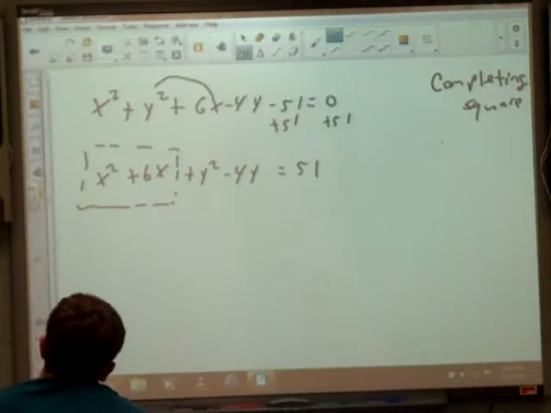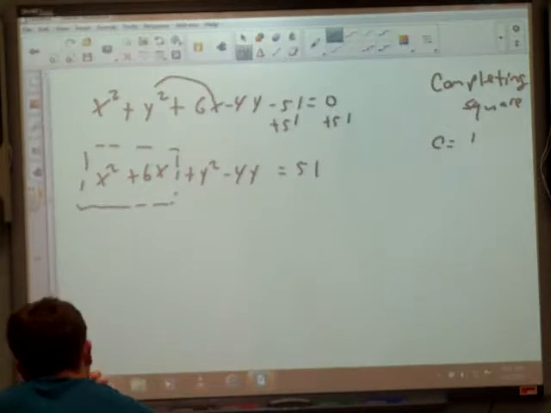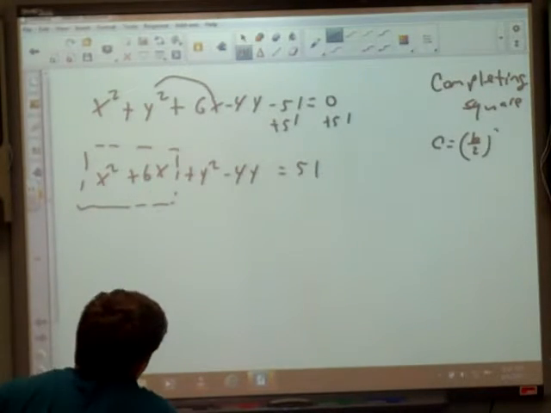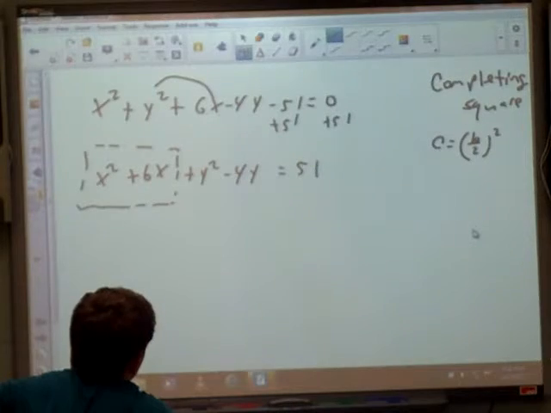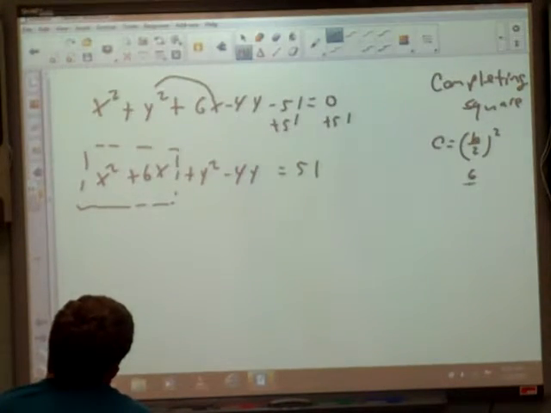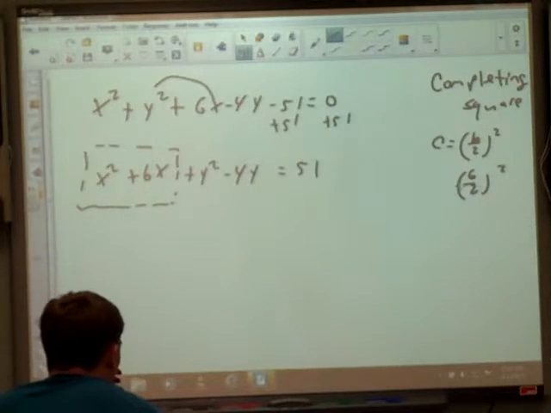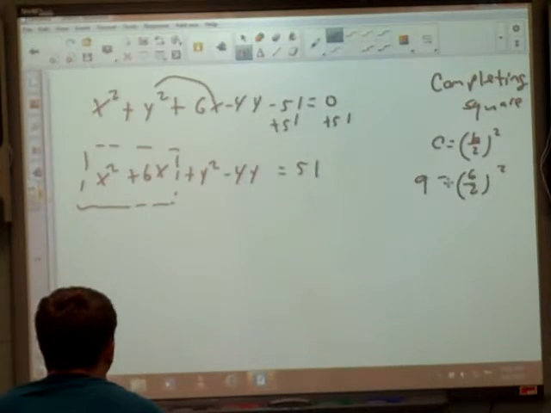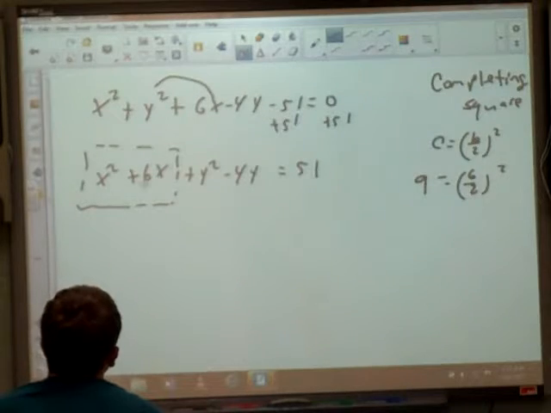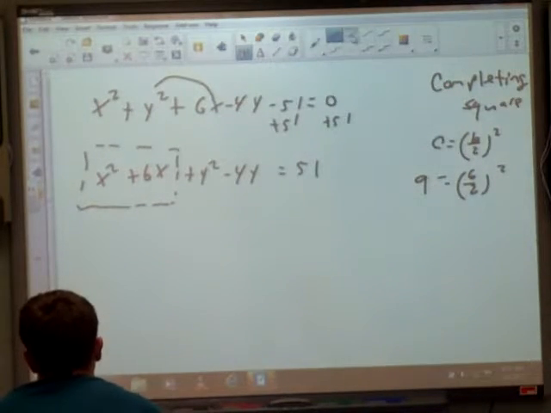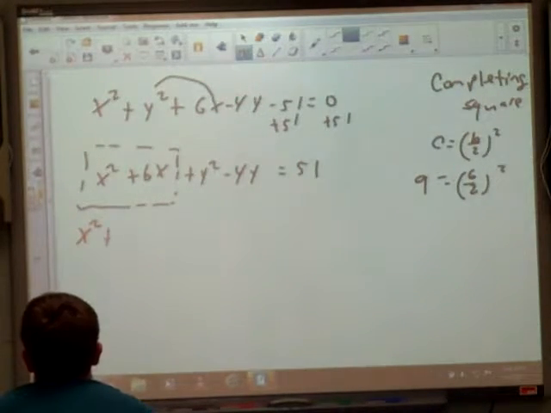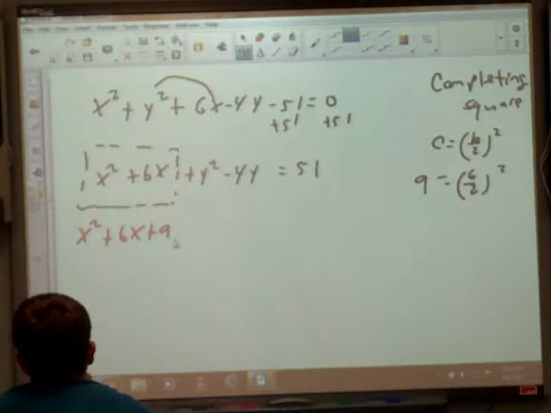We get our c by taking our b, halving it, and squaring it. My b is 6, so 6 divided by 2 is 3, and 3 squared is 9. So I'm going to add a 9 to this x section: x squared plus 6x plus 9.